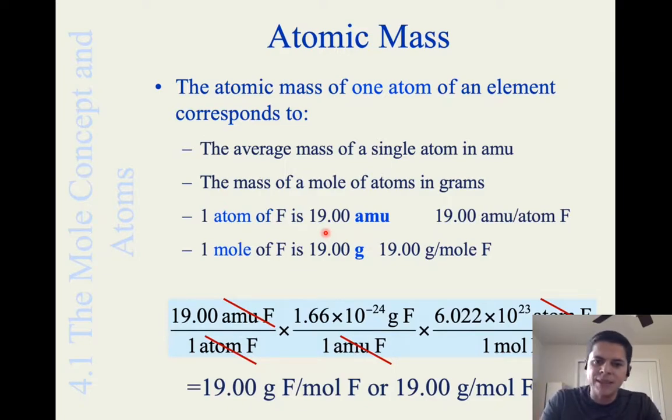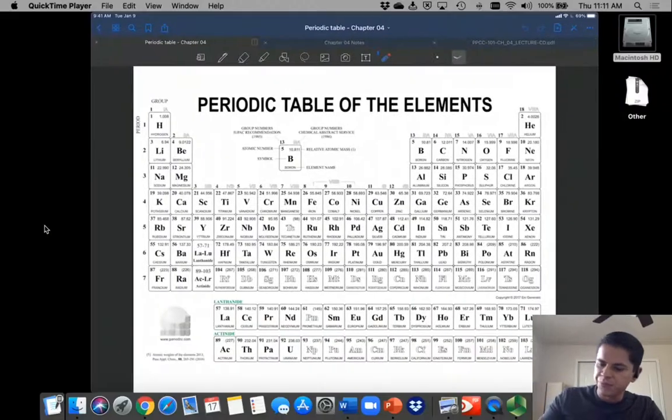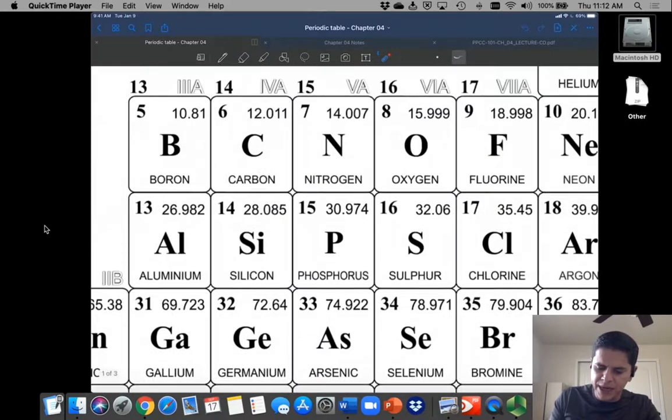And what is a molar mass? The molar mass is simply the mass in grams of a mole of atoms. So the periodic table is providing us with some dual information. This number that we have here for fluorine has one more significant figure, that's why it's not exactly 19. This number could be read in two ways.